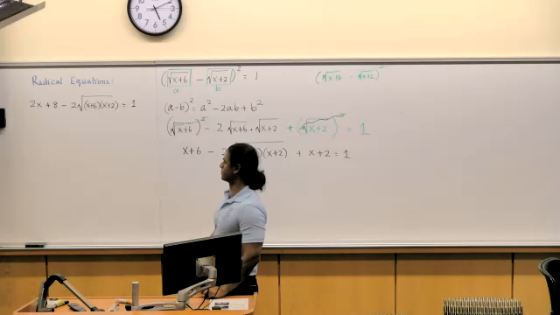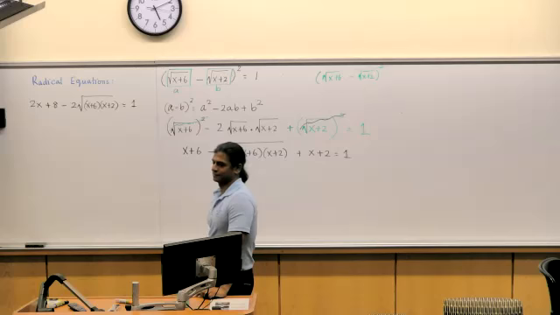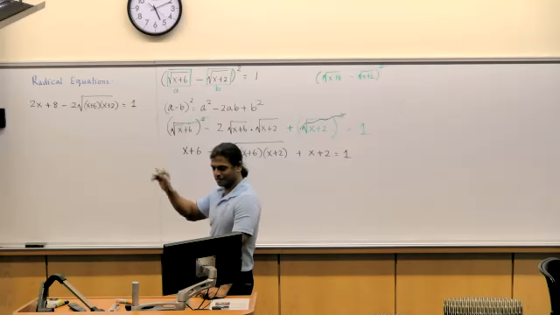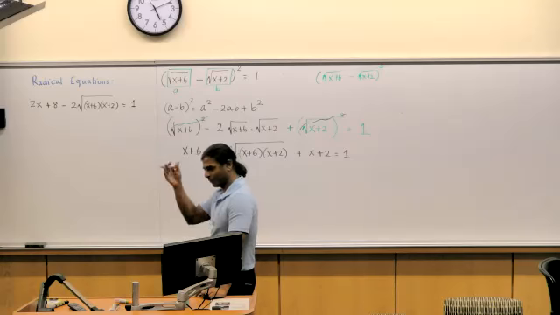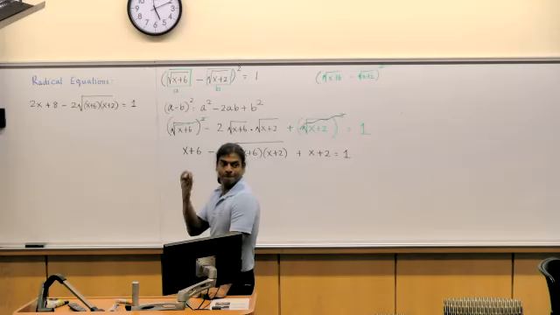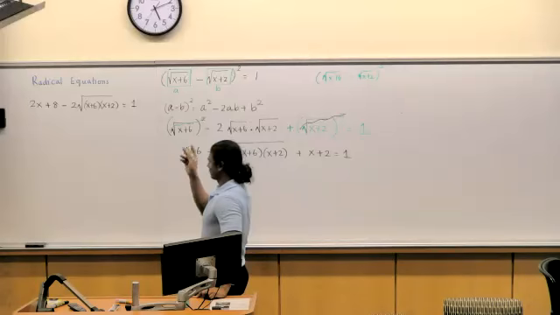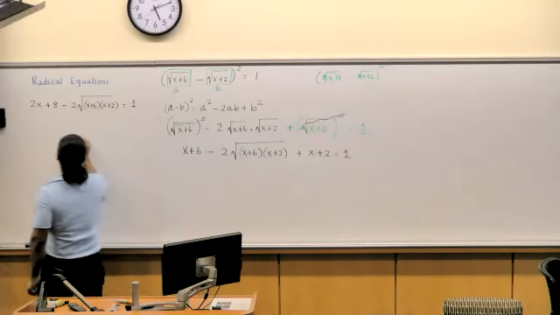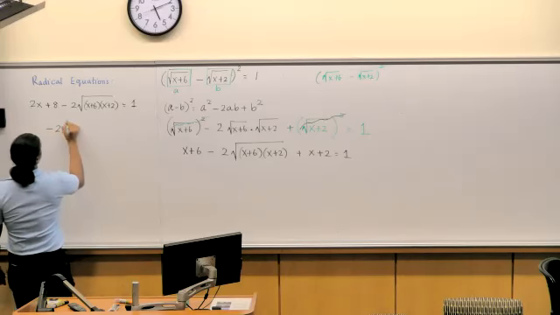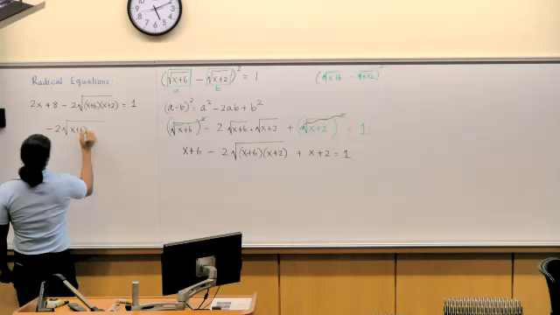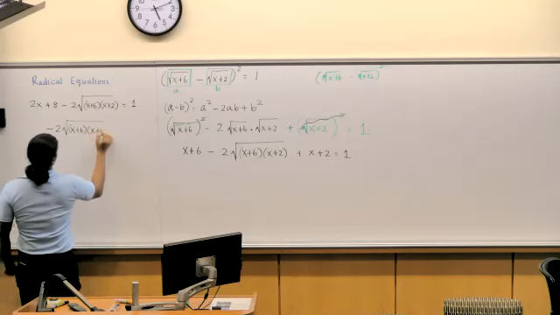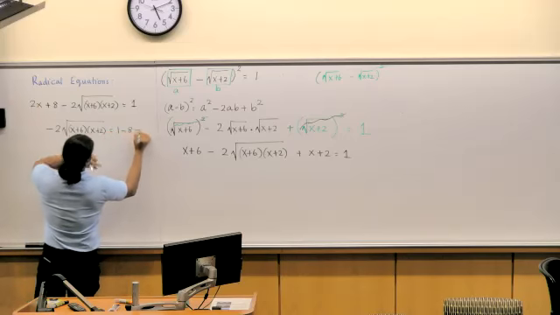What should we do now? We're almost there. This is the point where we should use a trick that we've used before. Would you subtract the 8 and the 2? I'm going to subtract the 8 and the 2x.